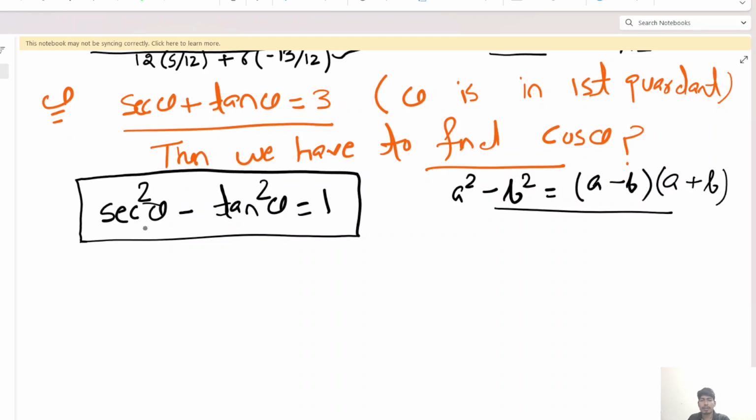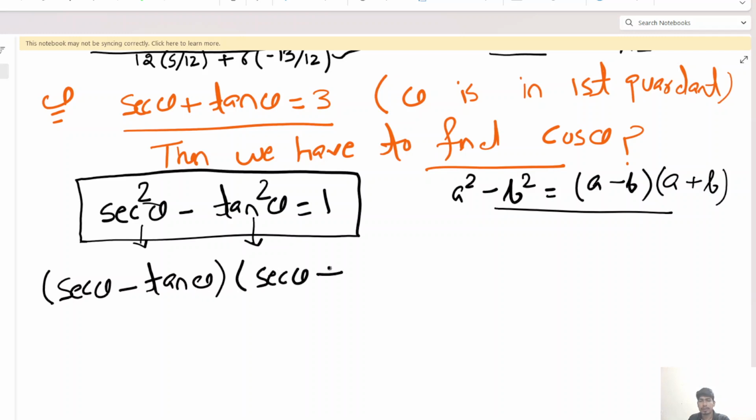Here a is sec theta and b is tan theta, then sec square theta minus tan square theta is sec theta minus tan theta into sec theta plus tan theta, and this is equal to 1. Then sec theta plus tan theta is also given, this is 3, okay.